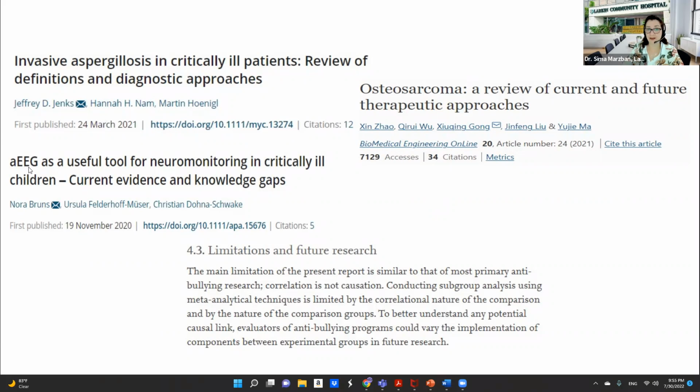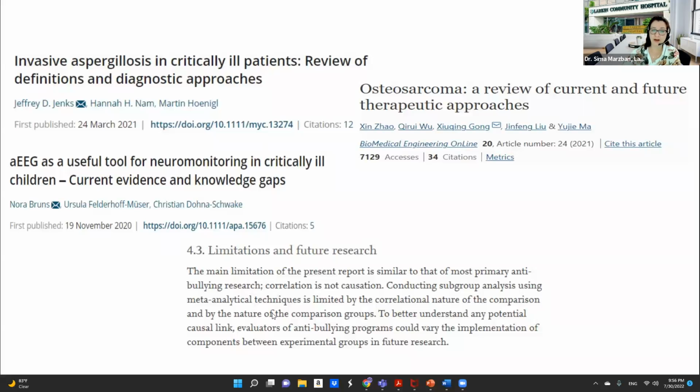Again, this is a new solution for a specific population group for neuromonitoring. So current evidence and knowledge gaps. You see, finding new evidence or reviewing the evidence to close knowledge gaps. A review of current and future therapeutic approaches.